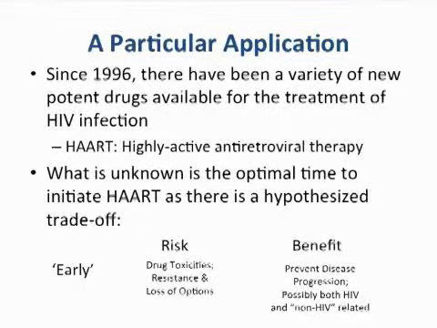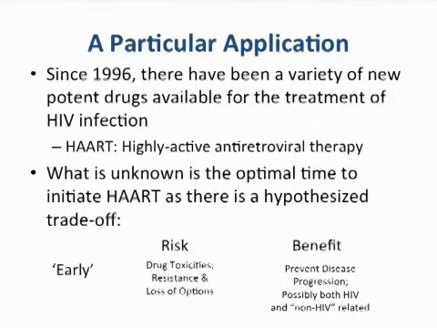So we have drugs that work and reduce virus and reduce endpoints. The question, that has been ongoing since that introduction of therapy is, when do you initiate therapy? When do you actually start these therapies? Should I start them immediately, or is there a benefit because of the risks of toxicities, the risks of developing resistance, the loss of therapeutic options?